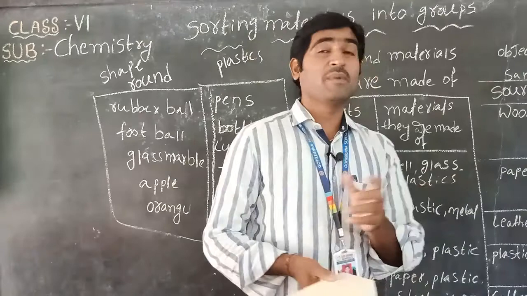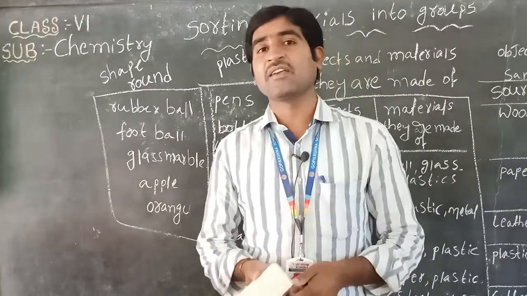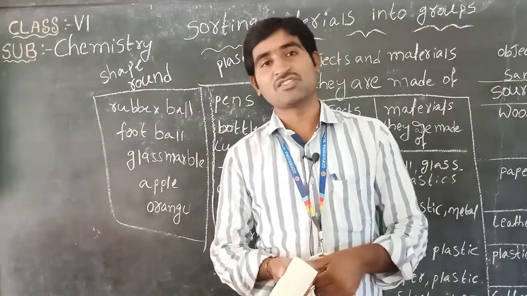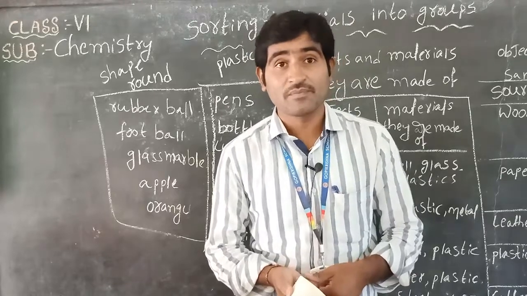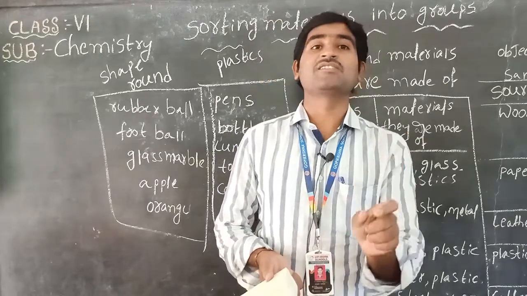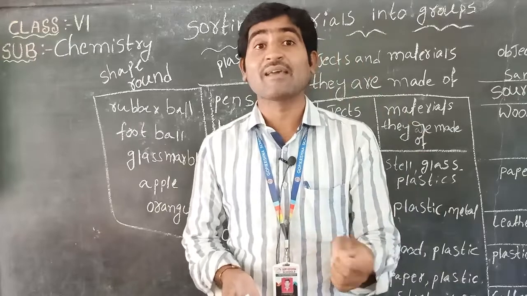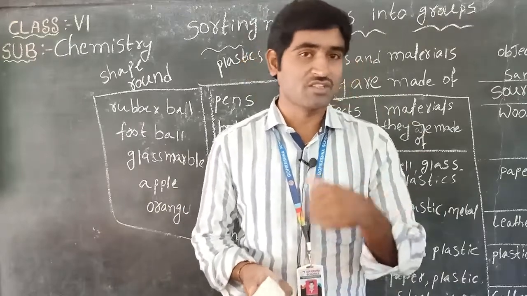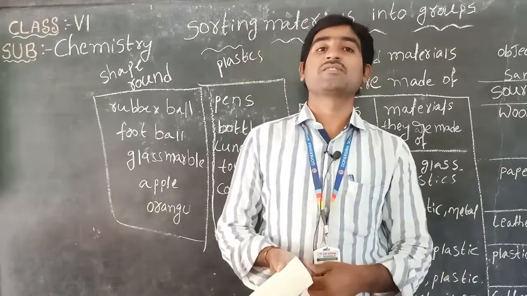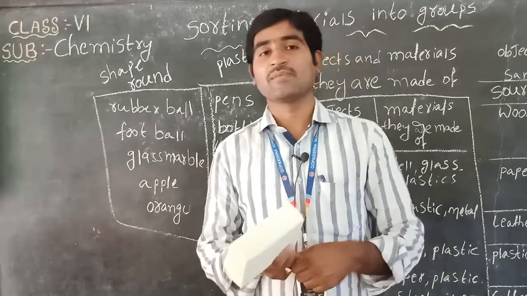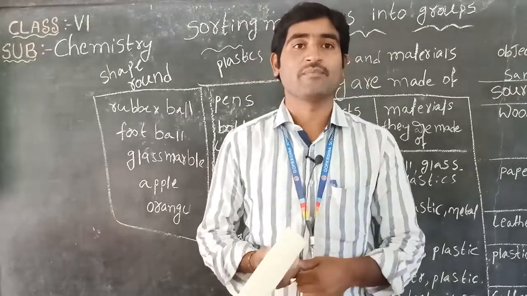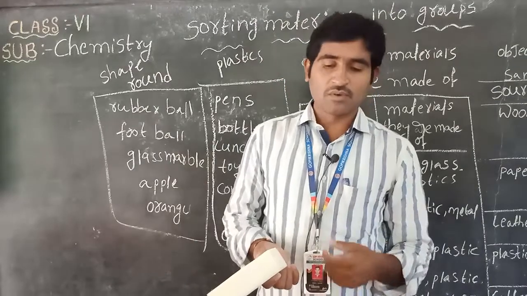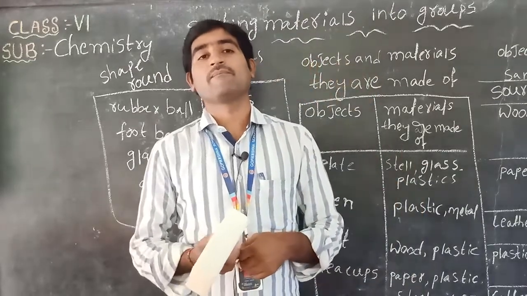So based upon your collected things, will you make a list? Will you arrange that list more systematically, that means more easily? So on what basis is that list going to be made?